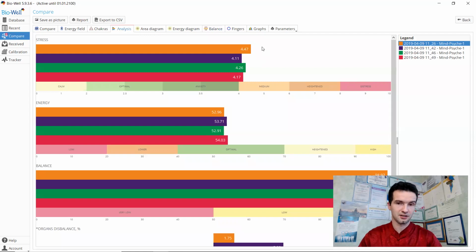Even when he's not doing anything, he's relaxing and sitting in the armchair, his stress is high and the adrenals are imbalanced. So something, maybe on a subconscious level, is triggering this person and not allowing him to relax inside. So this is one of the cases. And of course, we were able to find this out just because we repeated the scans 4 times.